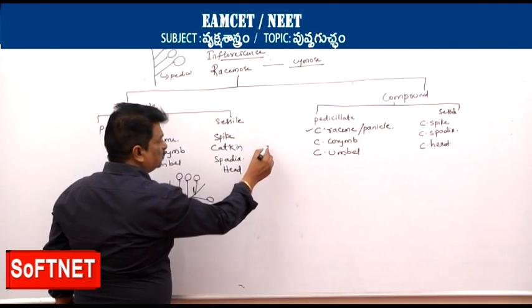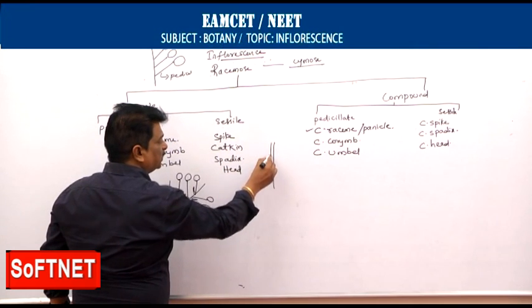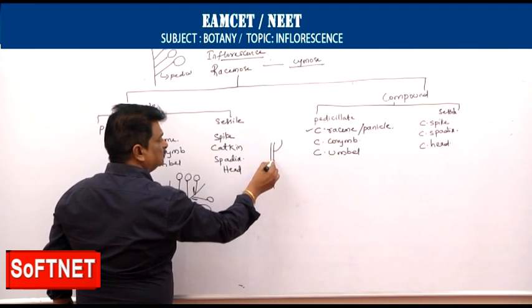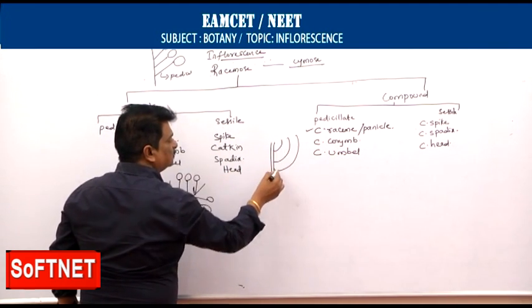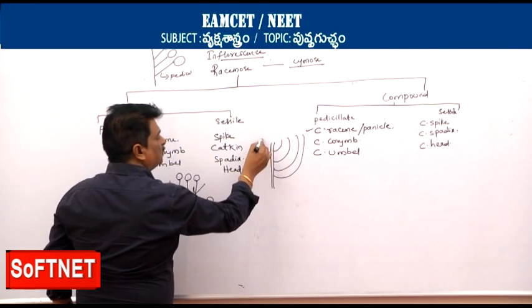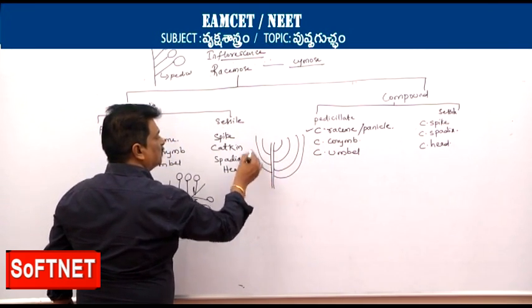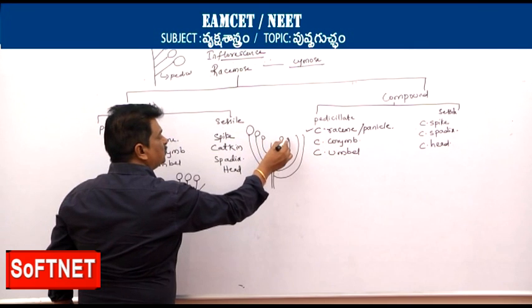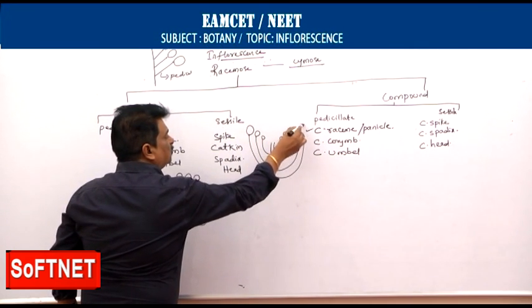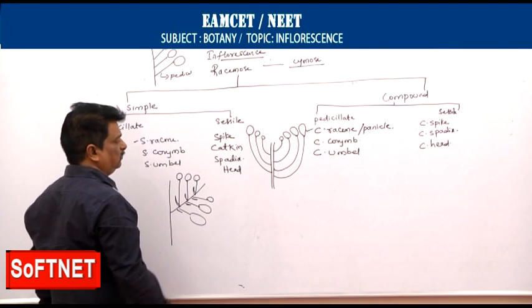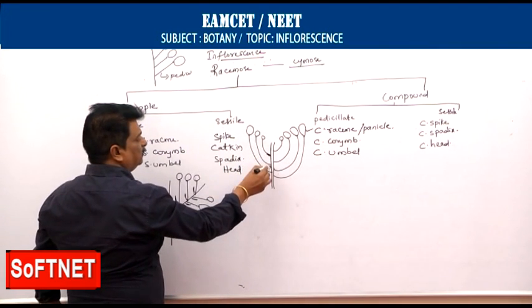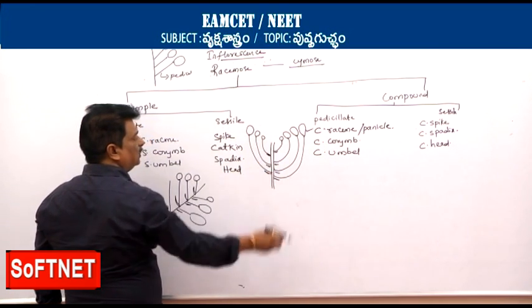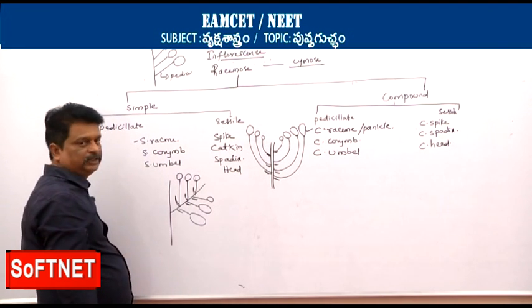But the identification for corymb, as every inflorescence has one identical character: flowers are produced at different nodes, but all these flowers are brought to the same height. Why? It is due to the difference in pedicel length. Because of the difference in pedicel length, all flowers are brought to the same height.